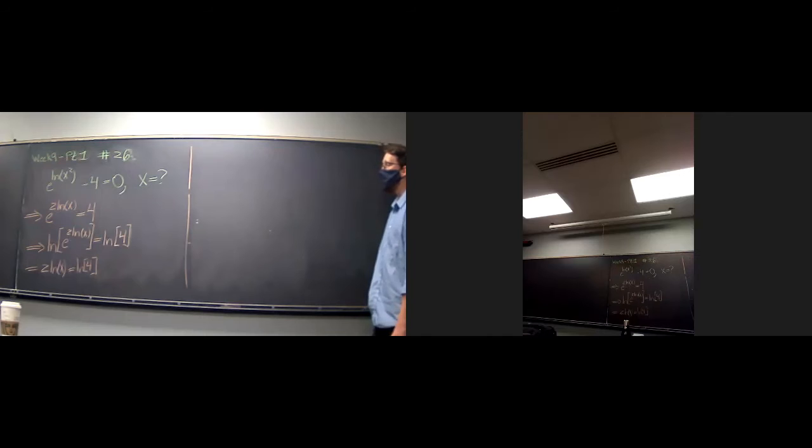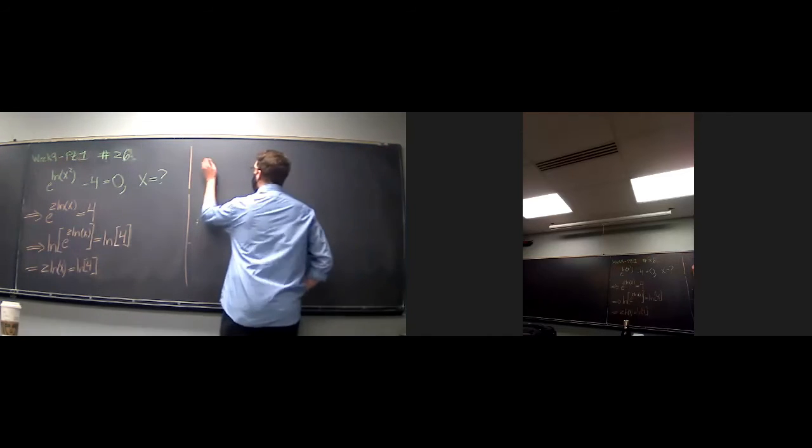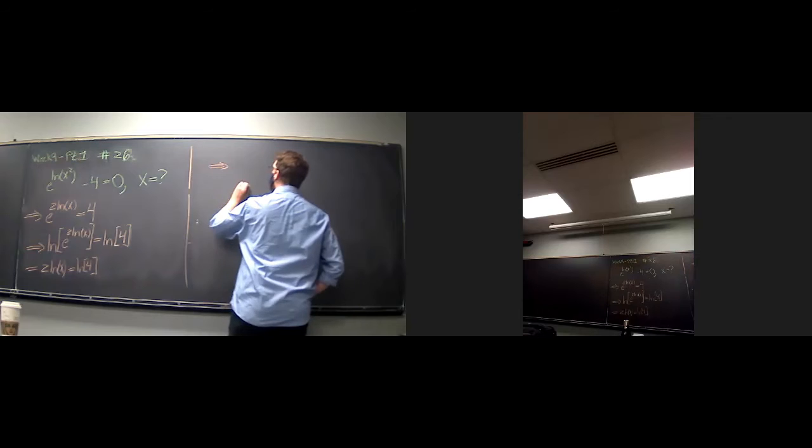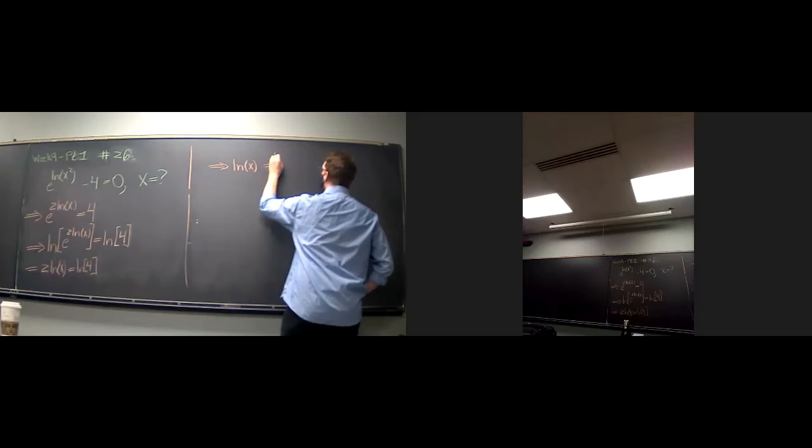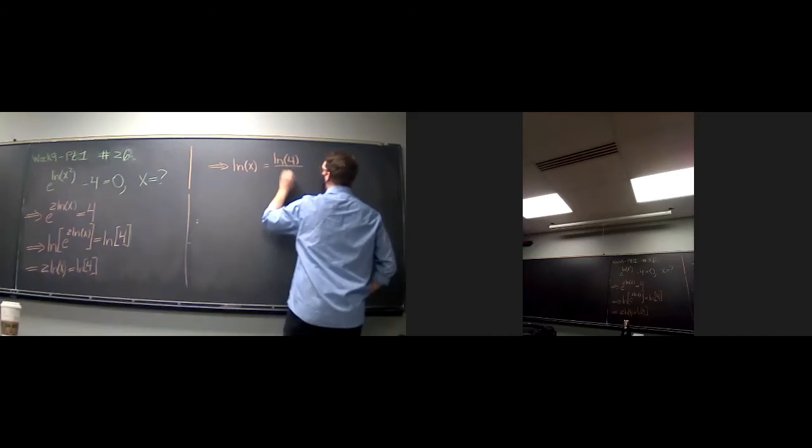So now we're going to divide both sides by 2 to find that the ln of x is equal to the ln of 4 divided by 2.